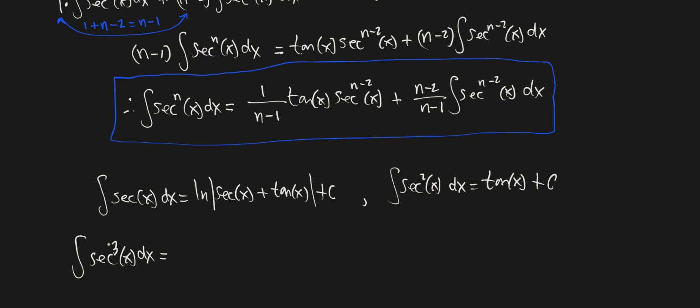So in this case, my n is 3. So I start with an n of 3 on this side. So wherever there is an n on the right hand side, just replace it with 3, right?